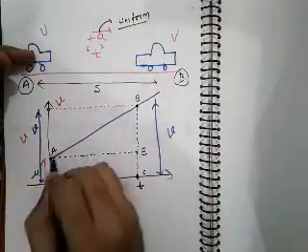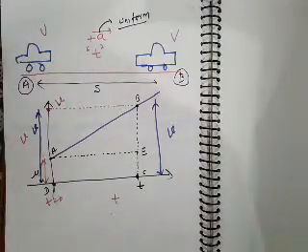This blue line is the graph from A to B, the total graph.